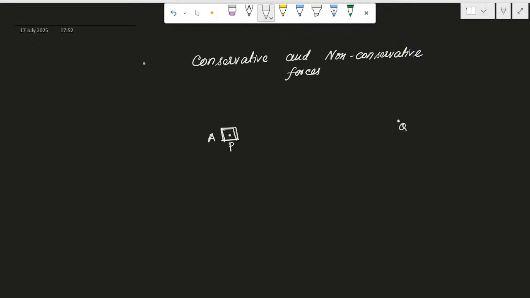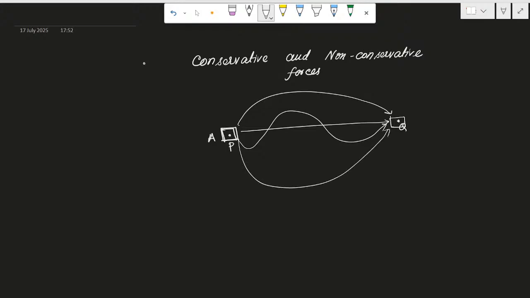Suppose there are n possible ways to displace the object from P to Q. You can displace in this way, this way, this way, and so on.